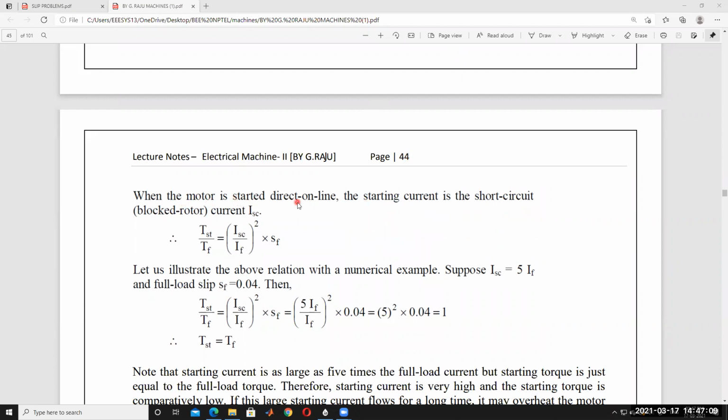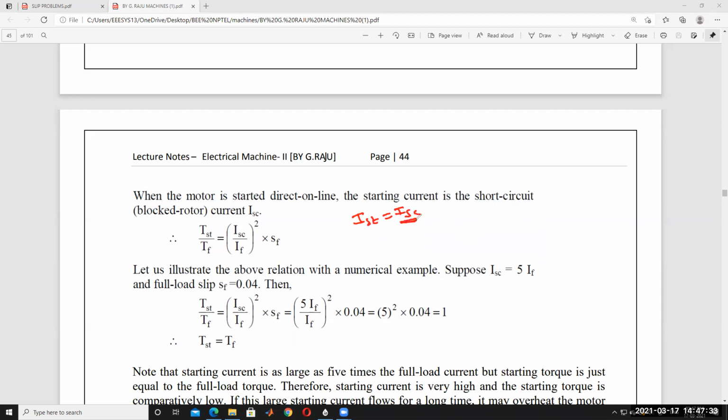When the motor is started direct online, the starting current is nothing but the short circuit current, that is called ISC. So IST is equal to ISC, the starting current of the induction motor.